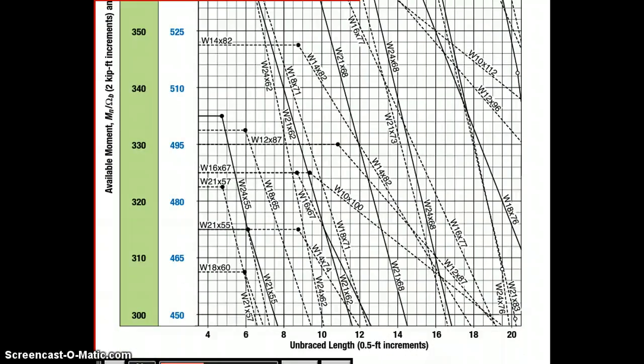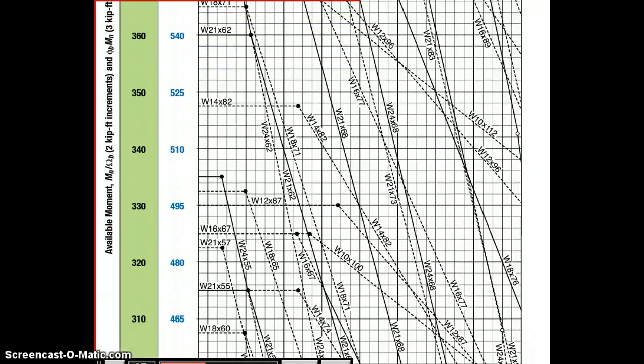Okay, so we have 8 feet, and what we're going to do is go up this 8-foot mark until we hit the 21 by 68, and we should hit that around, let's see if we can find it. Yep, here it comes. So 21 by 68 crosses 8 feet right about at 570 kip feet.